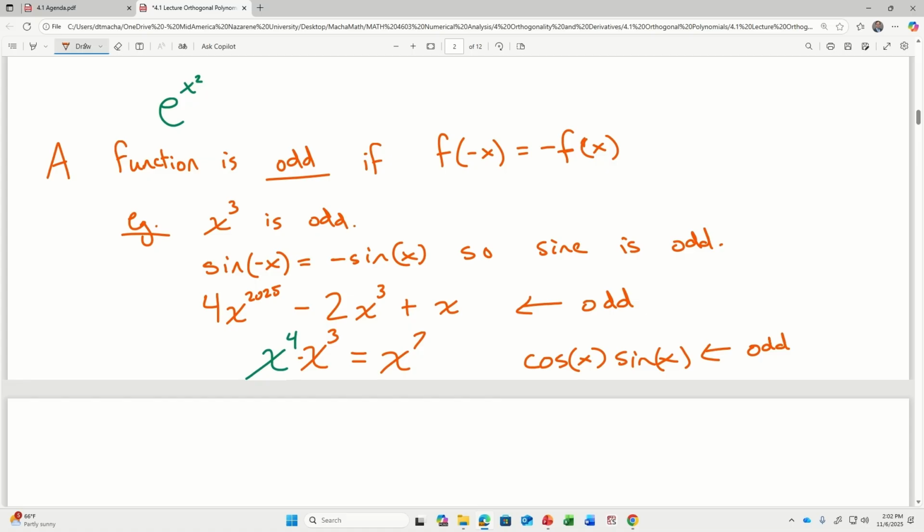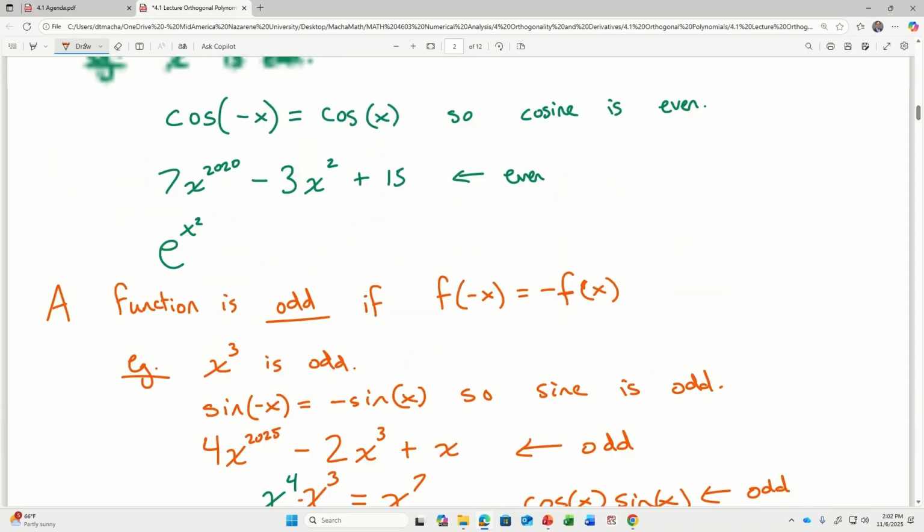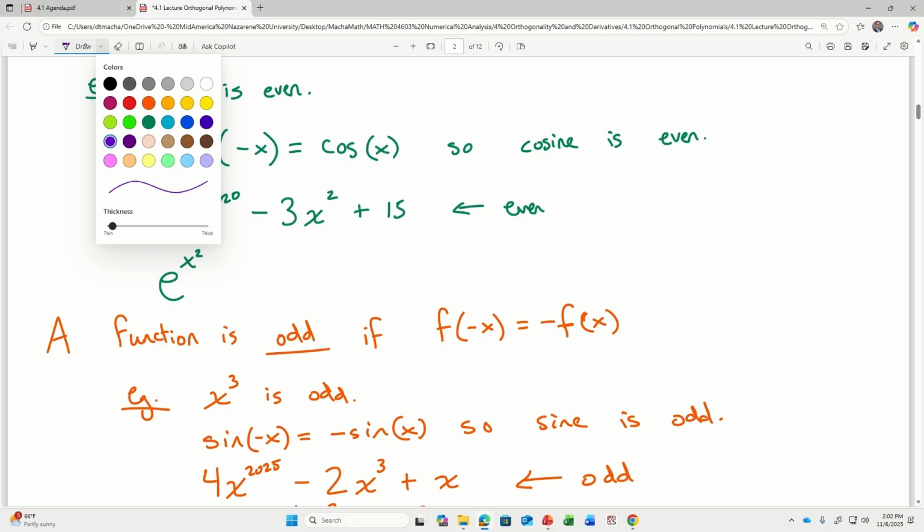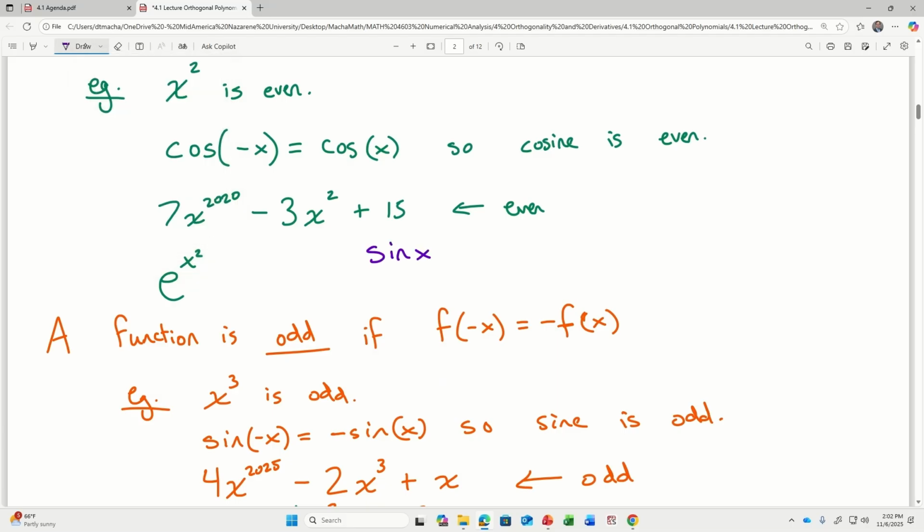But if I have an odd function times an odd function, like sine times arctangent, that would be an even function. Because odd times odd gives me even.